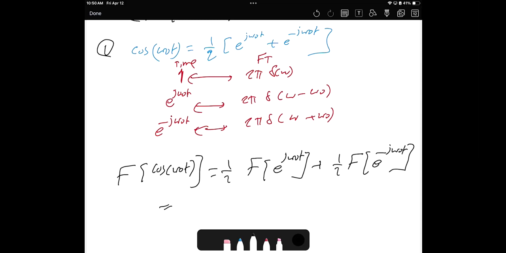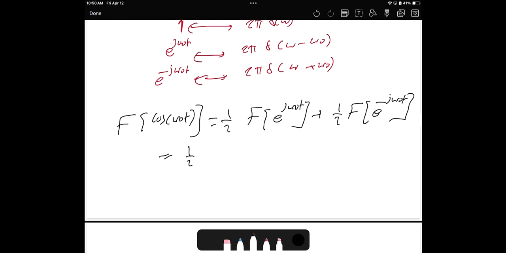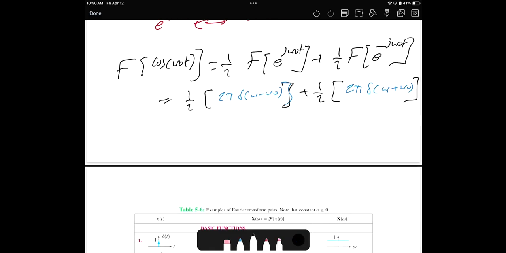Then it will be 1/2 times 2 pi delta of omega minus omega naught plus 1/2 times 2 pi delta of omega plus omega naught. As a result, this yields pi times delta of omega minus omega naught plus delta of omega plus omega naught.